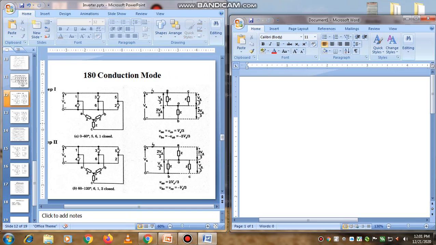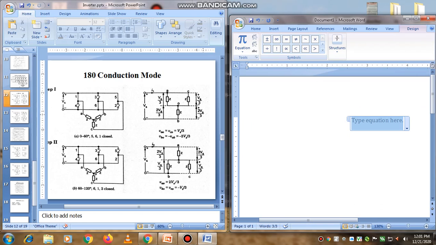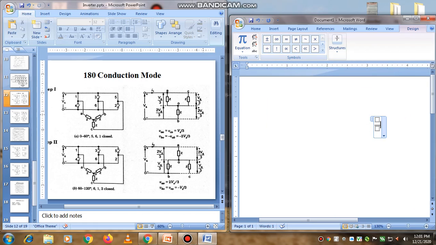This is the circuit. Now you can see the impedance is Z by 2 plus Z, so it will become 2Z plus 1Z, that is 3Z by 2.